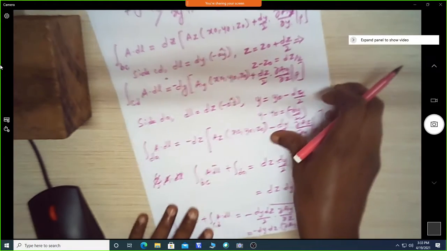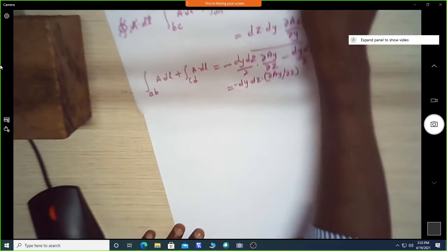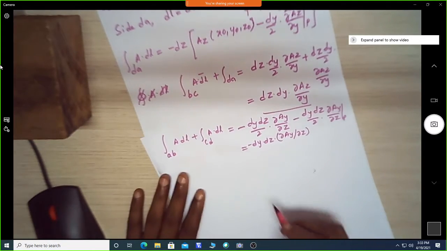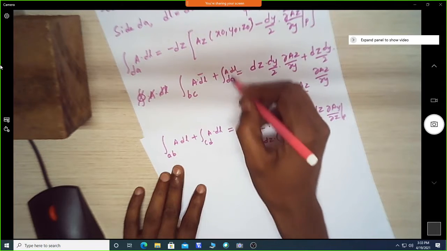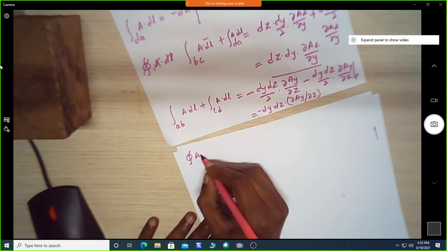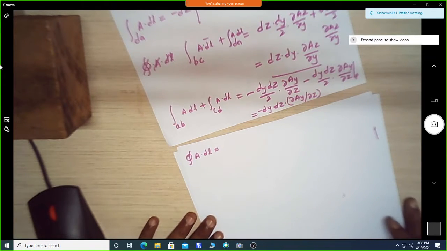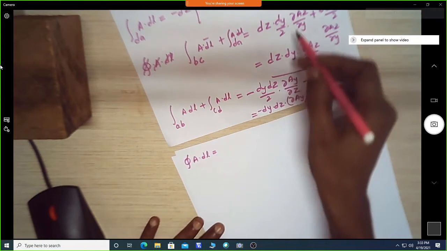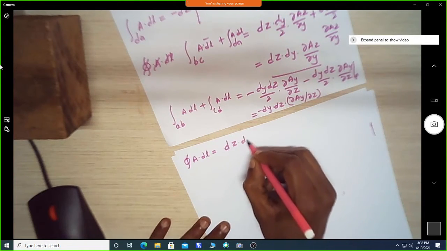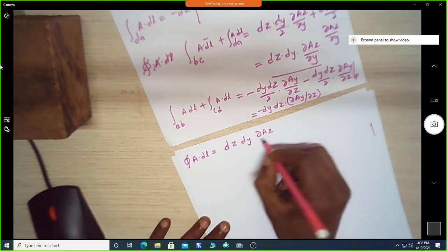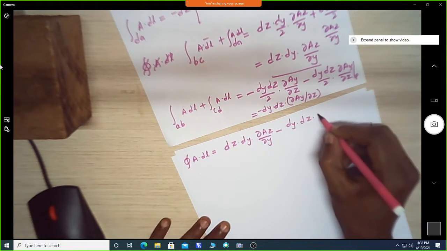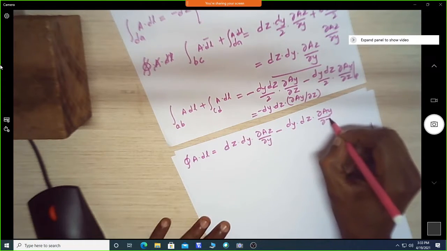Now if we add all these four integrals, we will get the closed integral of A dot dl, which is dz dy into del Az by del y minus dy dz into del Ay by del z.